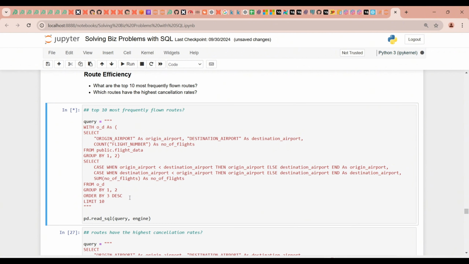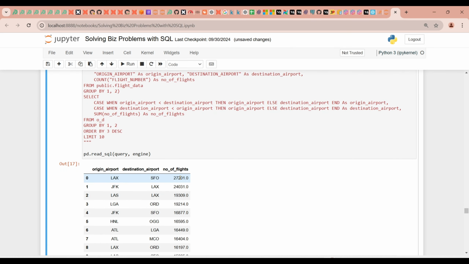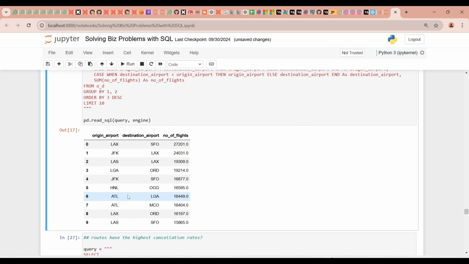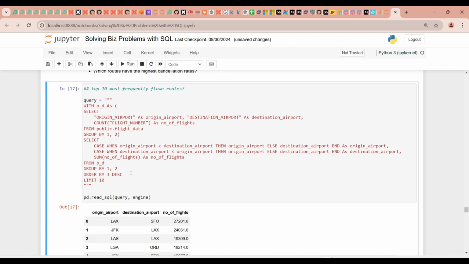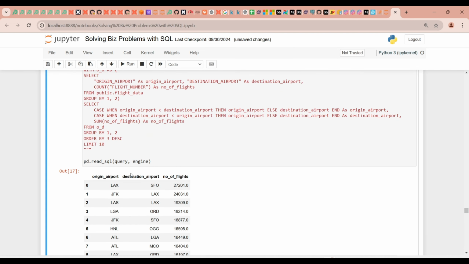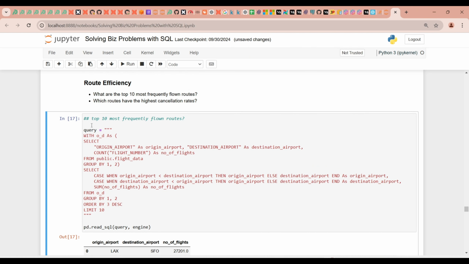All right, as you can see, we don't have LAX SFO, we have SFO LAX. We have it twice, and JFK LAX. So these are the routes, rather, that are the busiest, frequently flown routes.